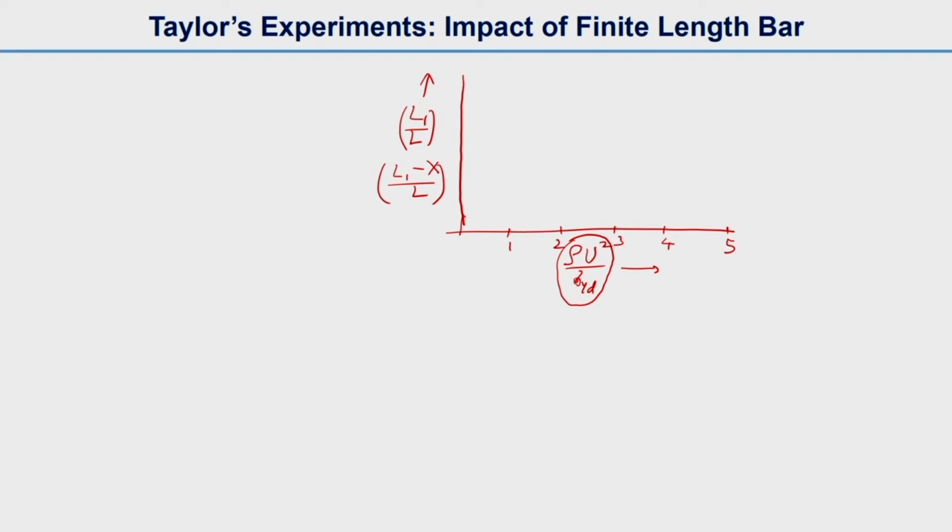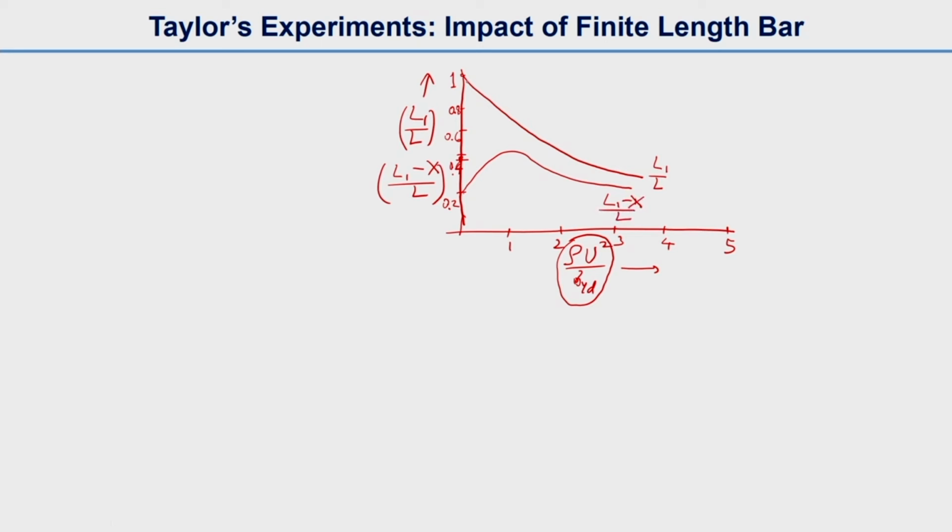For the L1 by L plot, this looks something like this, with values 1, 0.8, 0.6, 0.4, 0.2. And for L1 minus x by L, this will look something like this.